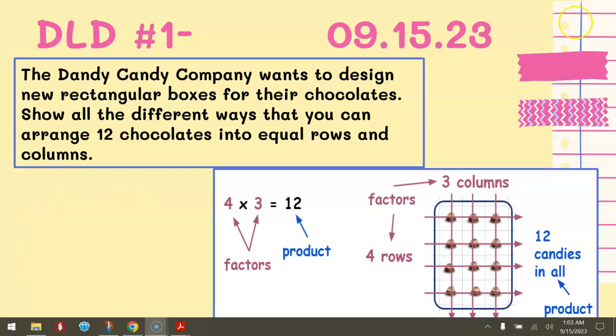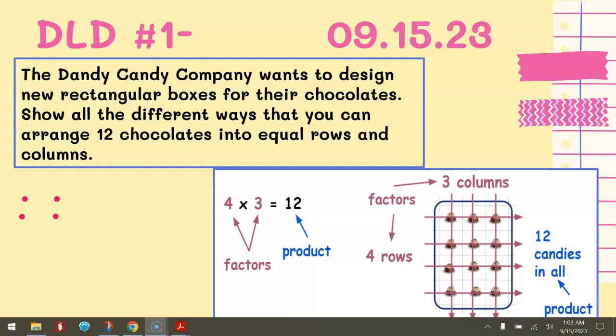And there we're showing, oh, I'm sorry, let me go back to my drawing. There we just showed where we could have factors 2 and 6 or 6 and 2. And I showed you in an array. Here we go again.